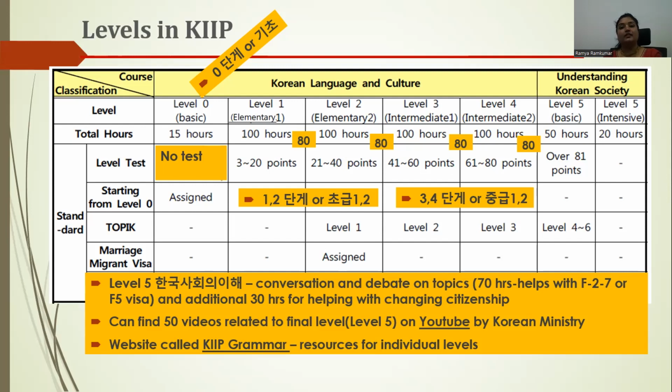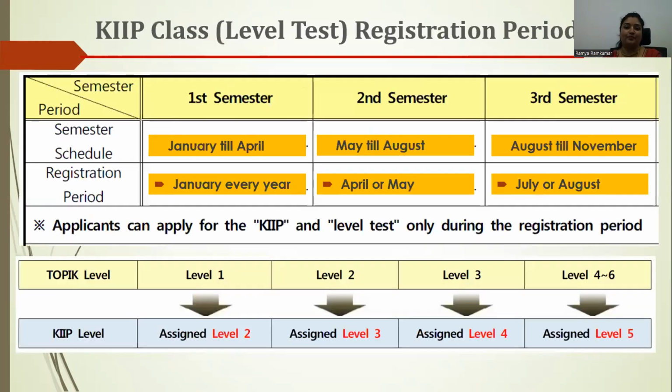And there is an additional 30 hours for helping with changing the citizenship. Regarding level 5, you can find almost 50 videos on YouTube, which are actually given by the Korean ministry. And for other levels, for understanding the grammar and everything, there is a website called KIIP Grammar. For each and every individual level, we have the resources there.